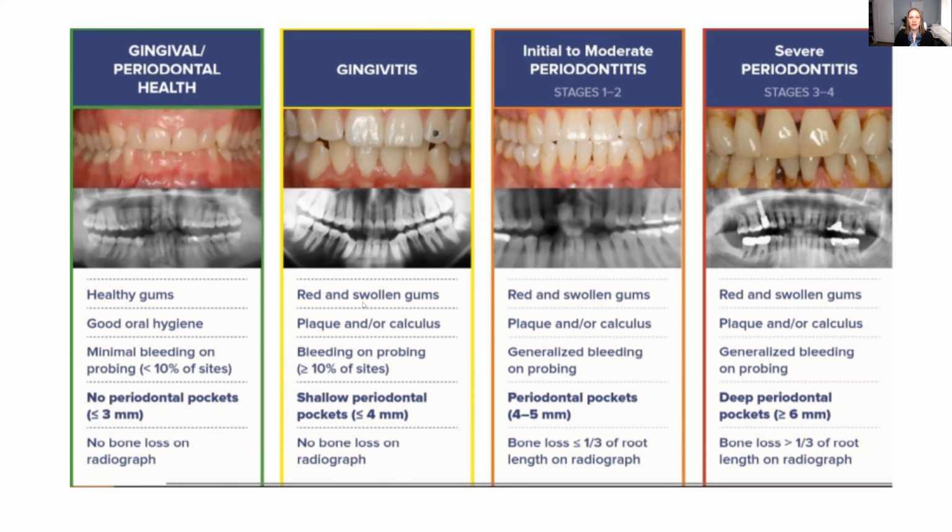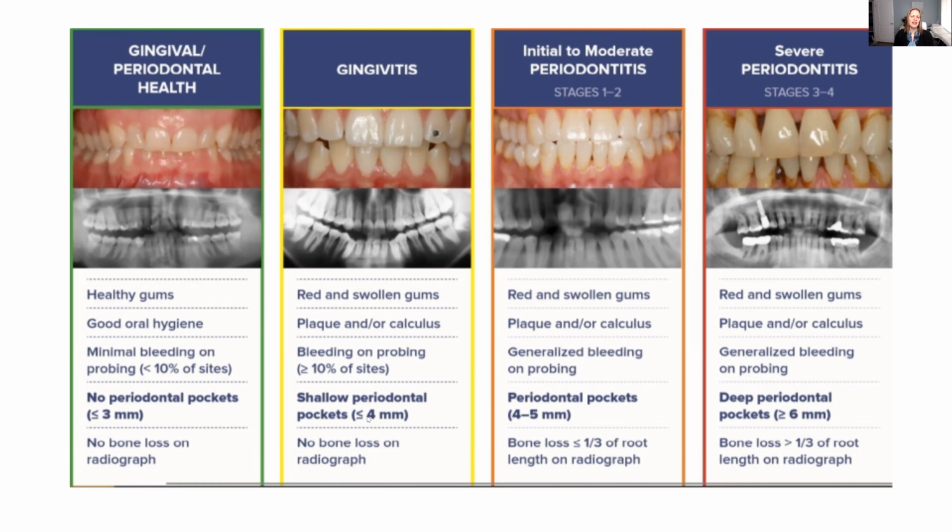Gingivitis though, what if inside the mouth the gums are puffy, red, swollen? There's more than 10% of sites starting to bleed when you're doing the probing, and there are now pockets, 4mm pockets or less, 4 or less. Basically, in this image here, it is saying there's a 4mm pocket.